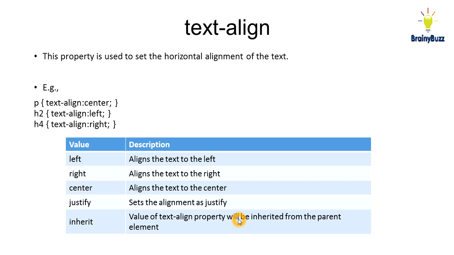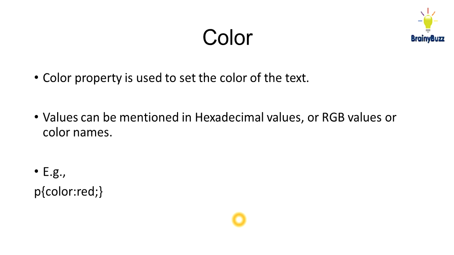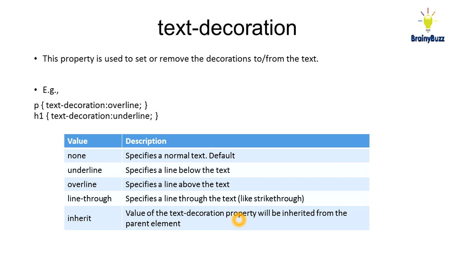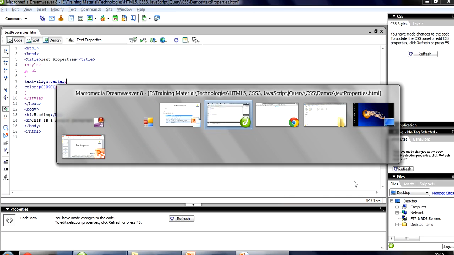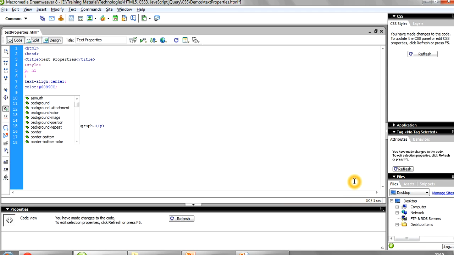After the text align, we have the text decoration. From here something interesting starts, because the text align and the color you have already seen before. For the text decoration, I want my paragraphs to be underlined. Only my paragraphs I want.